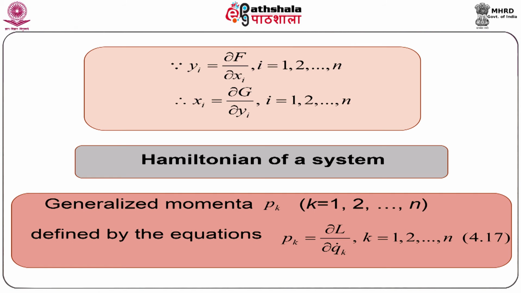In Hamiltonian mechanics, the basic variables are the generalized coordinates qk and the generalized momenta pk, where k varies from 1 up to n. We define the generalized momenta pk as pk equal to del L del qk dot for k equal to 1, 2 up to n. Here L is the Lagrangian of the dynamical system.